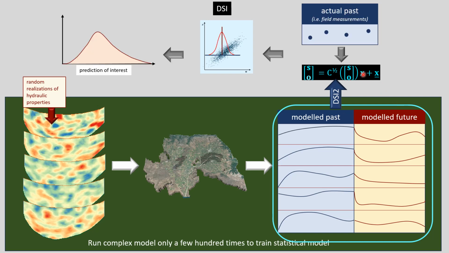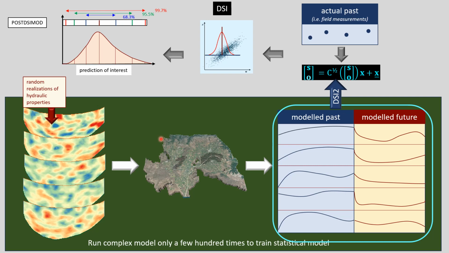I then history match or condition this surrogate model on real field measurements to obtain the posterior probability distribution of predictions of interest, or using PostDSIMod, predictions that correspond to certain confidence levels.